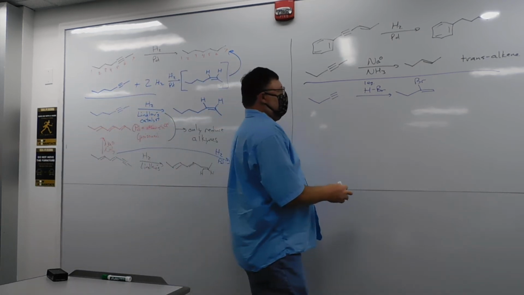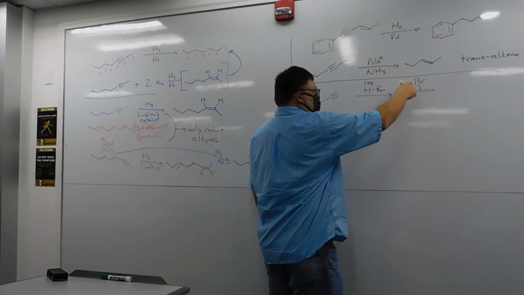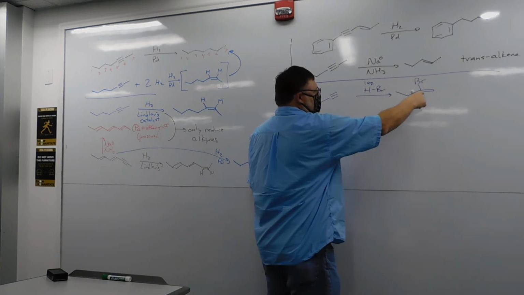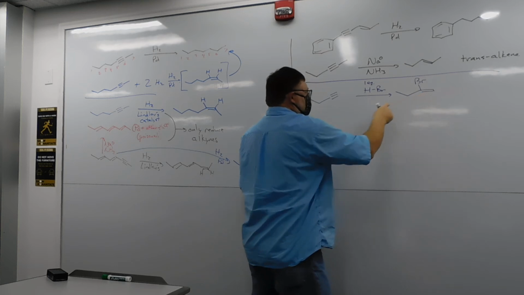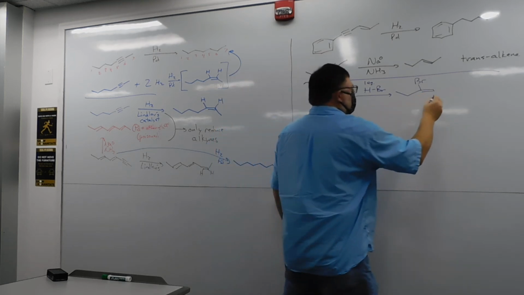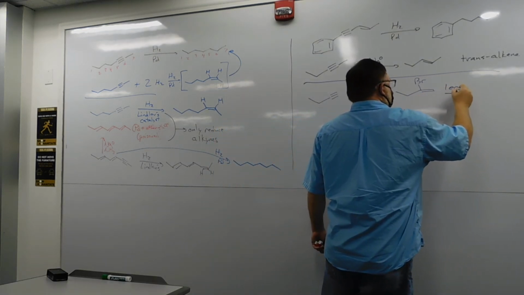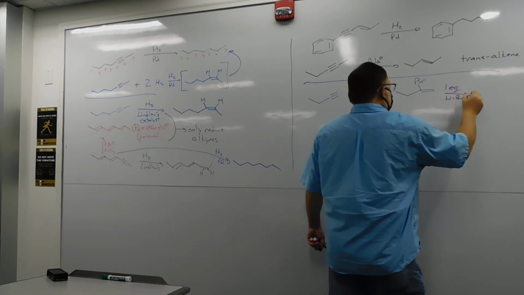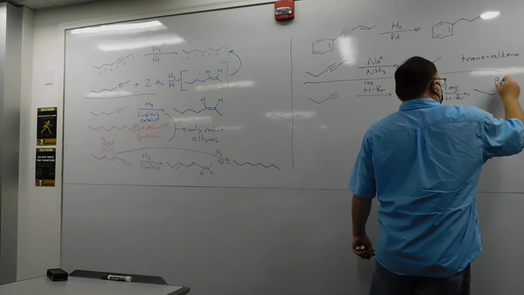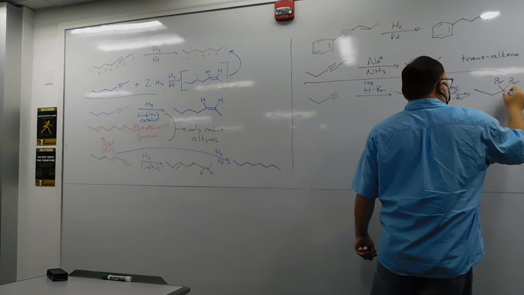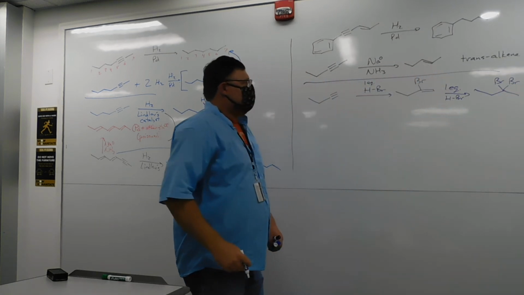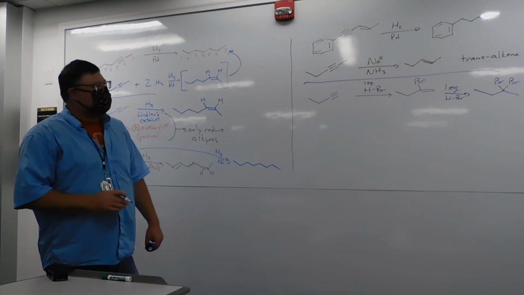Br is an electron withdrawing group because it's electronegative. That makes this alkene a little less nucleophilic than the alkyne. If we put in another HBr, we get 2 additions. The bromines go on the same carbons.